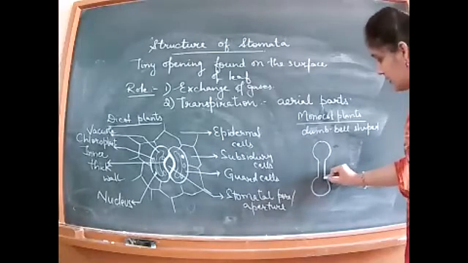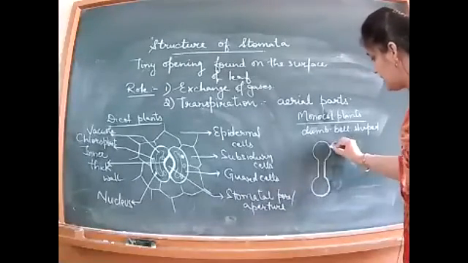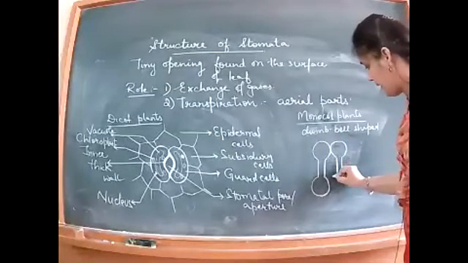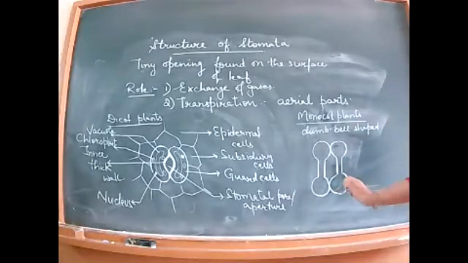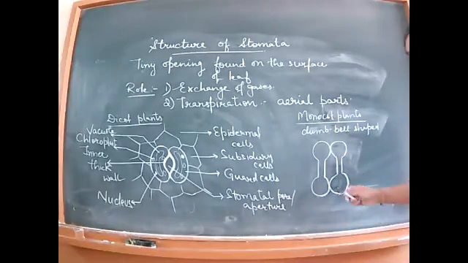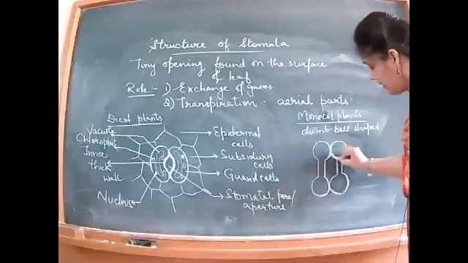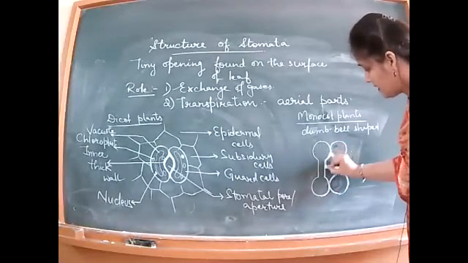Similarly, another dumbbell shaped guard cell joins it face to face like this, and it encloses an aperture in between, called the stomatal aperture. Also, the wall becomes thick over here again, surrounding this. Why is it thicker?